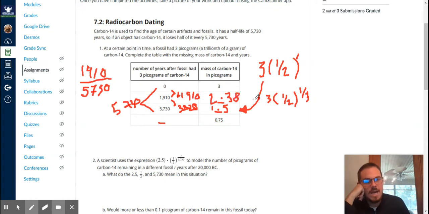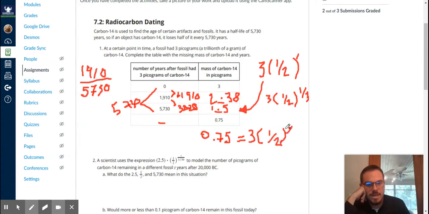And again, I got that by seeing that from 0 to 1,910 is a third of the cycle, so the exponent would have to be 1/3. Now, if I want to find out what this missing x is, what I know is that the result is 0.75, using 3 as my initial value and 1/2 as the half-life, and x is our missing unknown value.